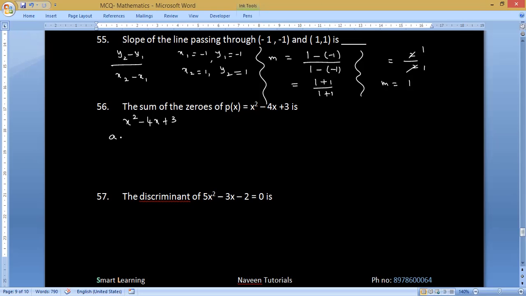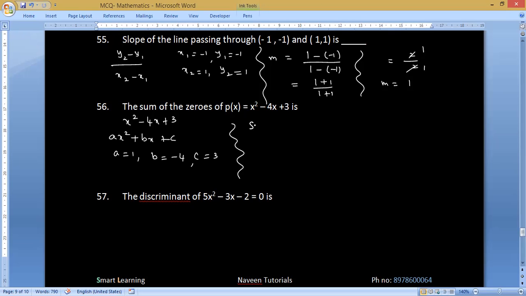Compare with the quadratic polynomial ax square plus bx plus c. The value of a is 1, the value of b is -4, the value of c is 3. The sum of the zeros is nothing but alpha plus beta.